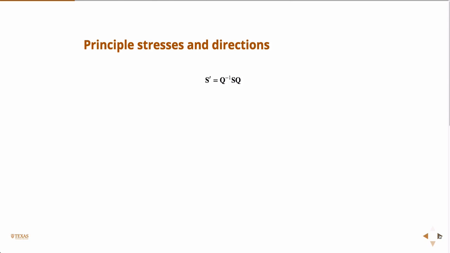So this is what we'll do next time. If we solve the eigenvalue problem and come up with the eigenvalues and eigenvectors, we'll see that the entries of S prime are the eigenvalues, and this particular matrix Q that transforms our stress tensor into a diagonal stress tensor is made of the eigenvectors.